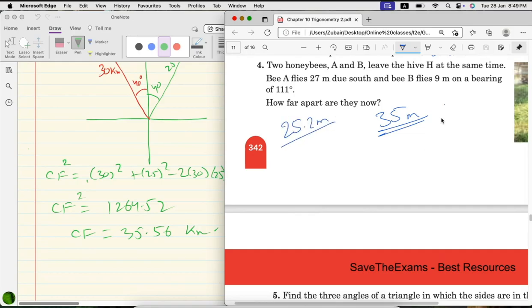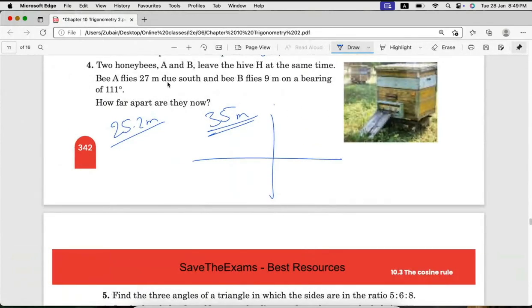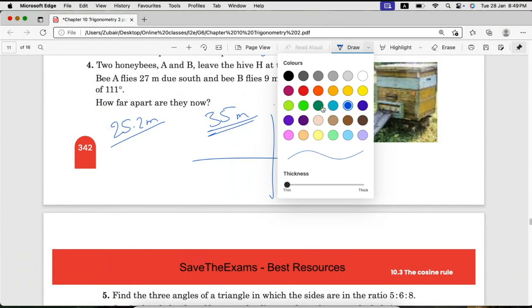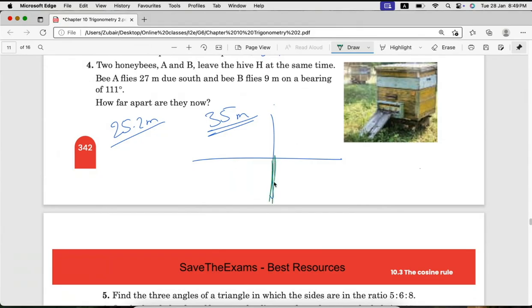Ali, see this. A and B. At 25H time, B flies 27 meters due north. So one thing is confirmed, this is due south. This is 27. Then B flies 9 meters on a bearing of 111. If that's 111, the remaining angle is 69 degrees and this length is 9 meters.